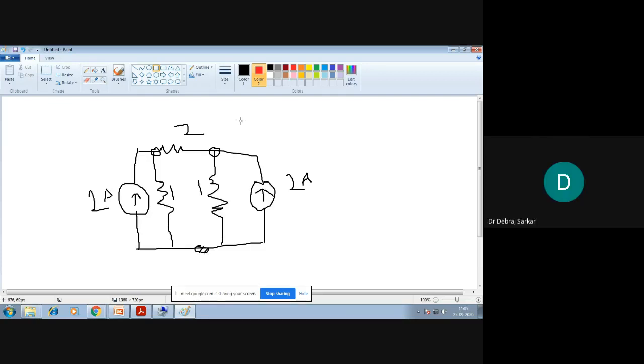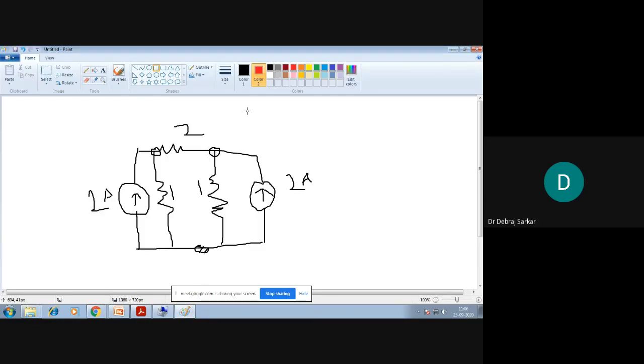I don't want you to solve the equation. I just want you to write the equation. That's it. So how many equations will there be? Two equations, right? Yes, sir. So I want you to write the equation in terms of branch current: branch voltage into admittance equals source current.